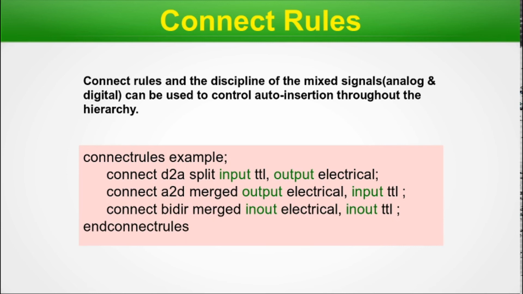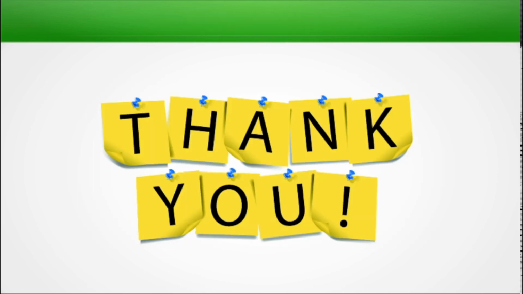This way connect rules are done for a mixed mode simulation, but we'll be stopping here because this tutorial series is intended only for Verilog-A, and we will not be discussing anything on Verilog-AMS here. Guys, we have reached the end here, and any discussion after this point would go to Verilog-AMS.